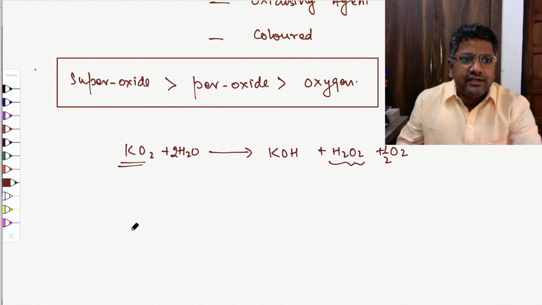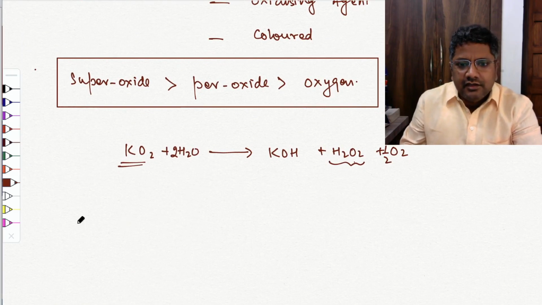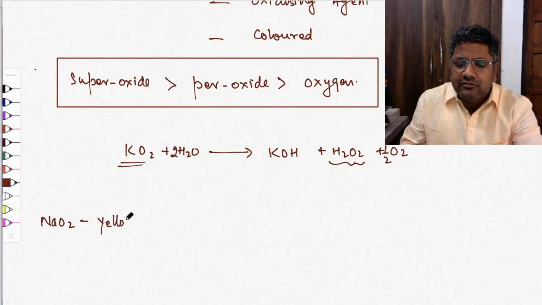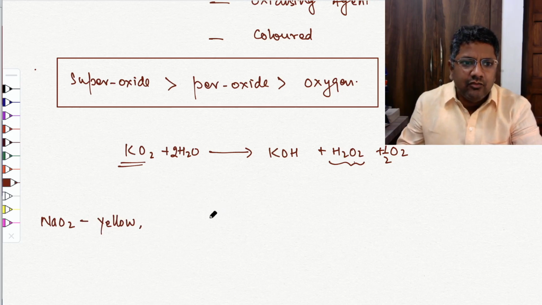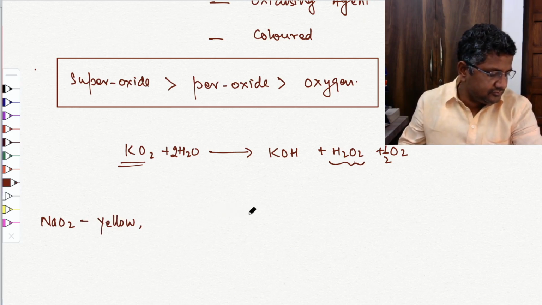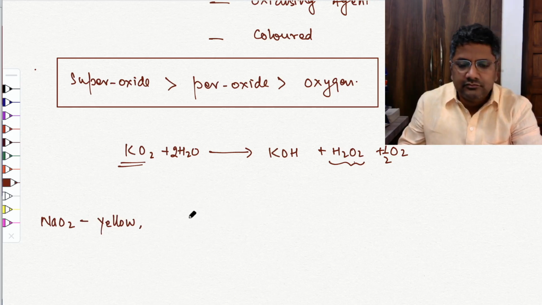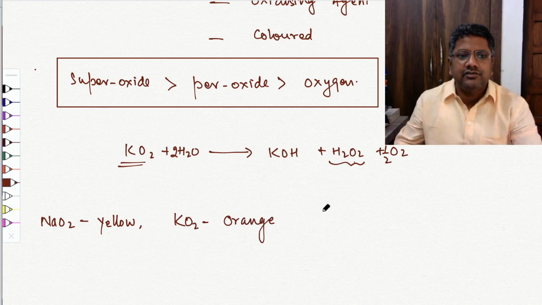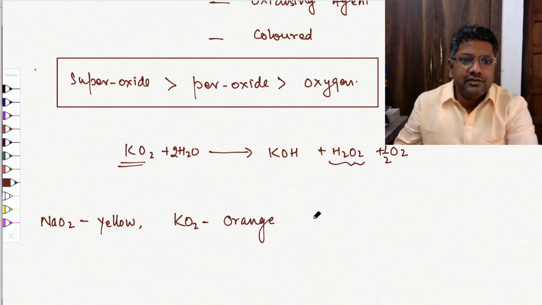Now see superoxides like NaO2, very little superoxide is formed by this, but it is yellow, and KO2 is orange, right?